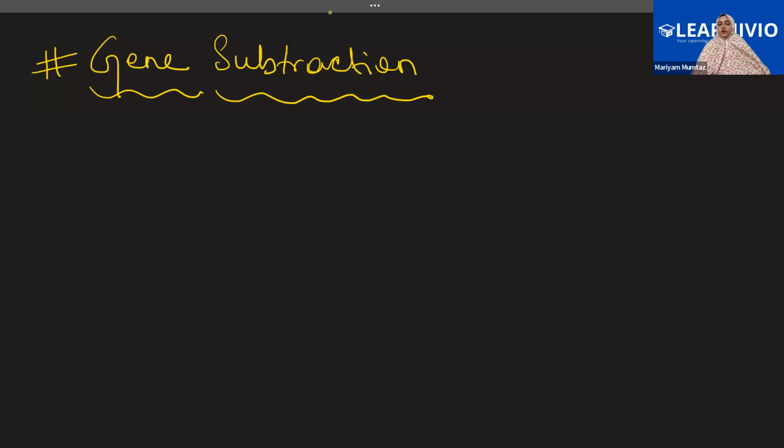Now talking about the next thing, that is gene subtraction. Tell me, students, what are the two types of nucleic acids in the body of an organism? Or you can say, what are the two genetic materials that any organism can have?